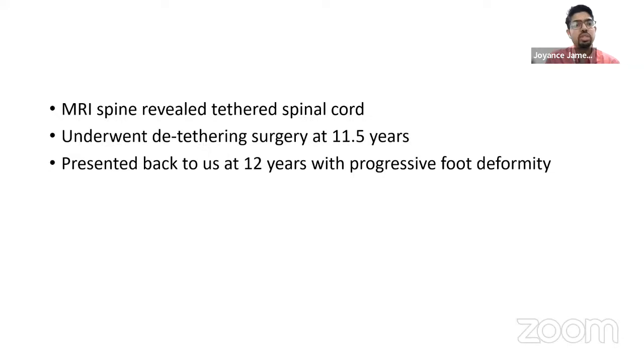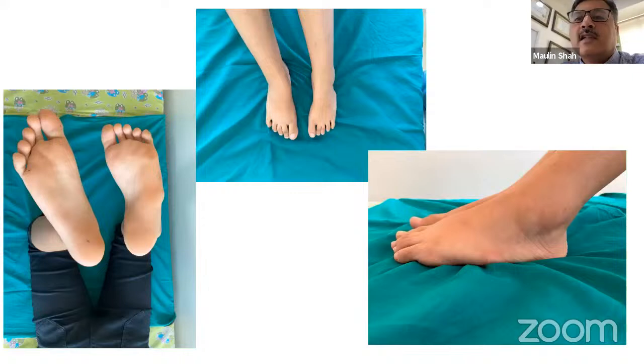We got an MRI, which revealed a tethered cord, for which she had undergone detethering at 11.5 years. And she presented to us with progressive foot deformity. So we see many times that the child is asymptomatic till 10, and as they enter the pubertal growth spurt, they start showing subtle foot deformity, which brings them to us.